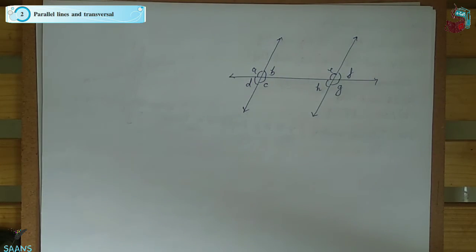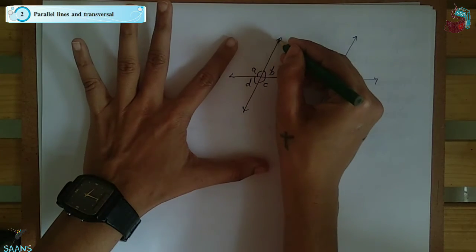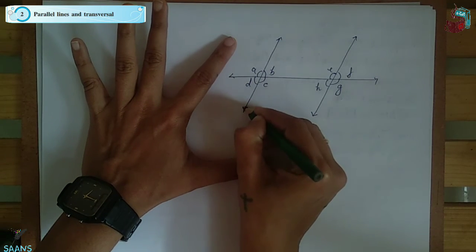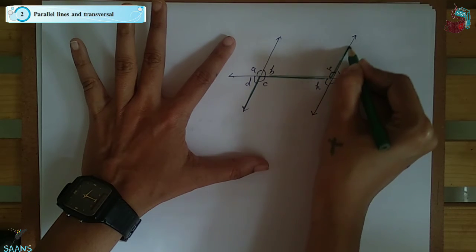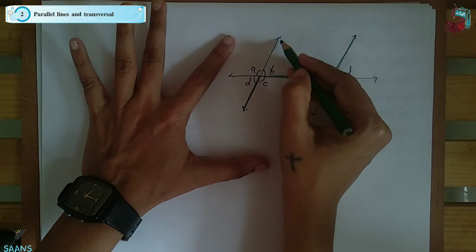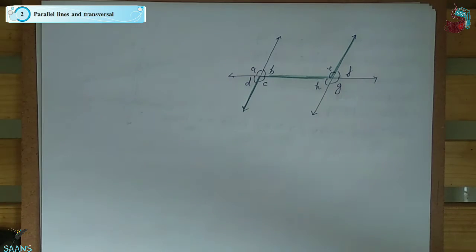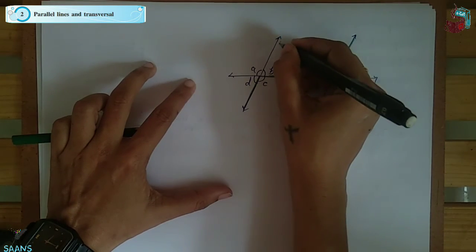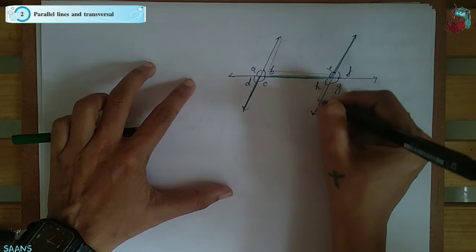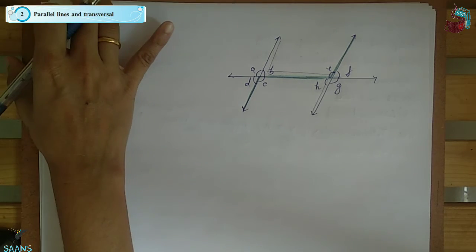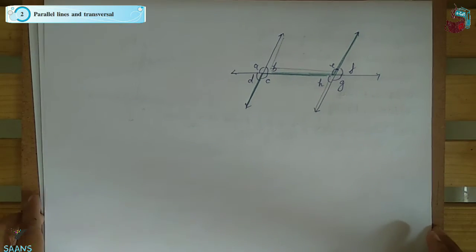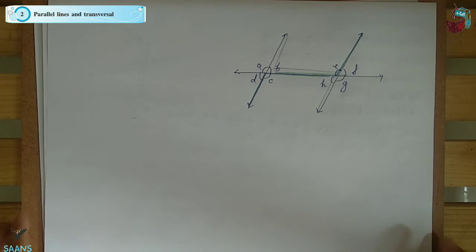So interior alternate, again interior angles. See where Z is being made. This parallel line should be included. See, that is one Z. The other Z is here. So this is for your interior alternate angles. So let's write. So these are alternate angles but interior. Okay, so how do we write?